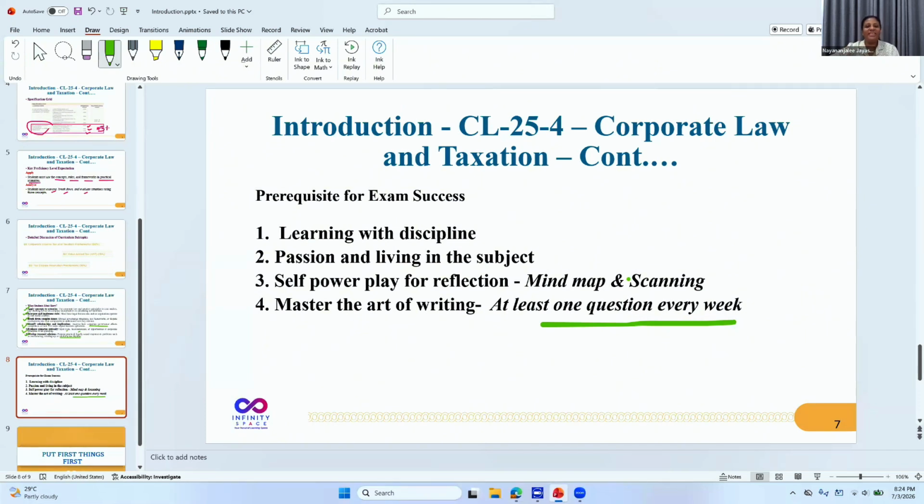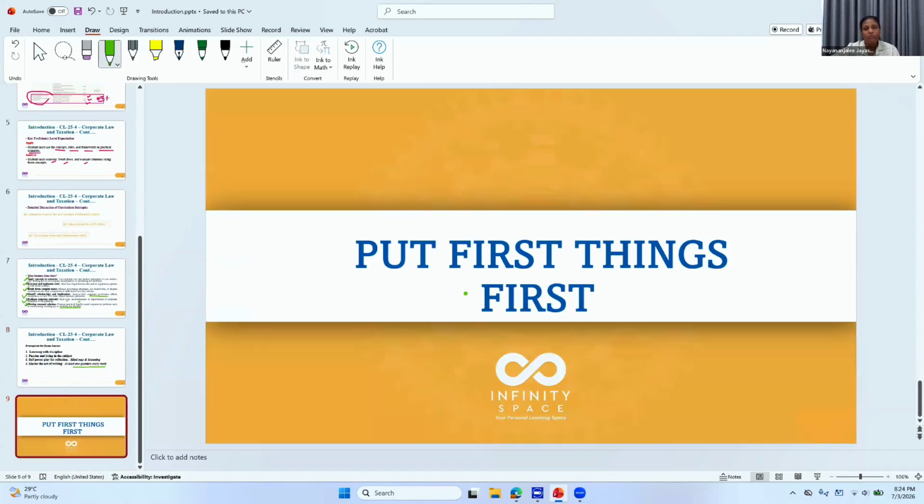For all these things, what you have to do is put first things first, have the priority. Take the priority for these six months, prioritize the things. Then you can start with this is my first task, second task, third task. In which task your exam is there, you have to think.